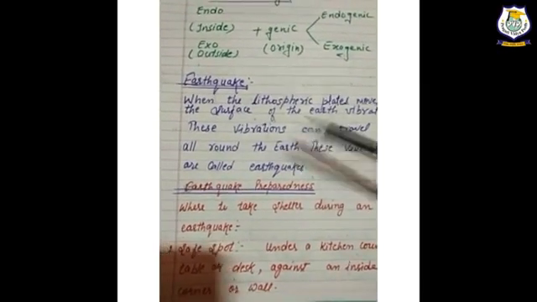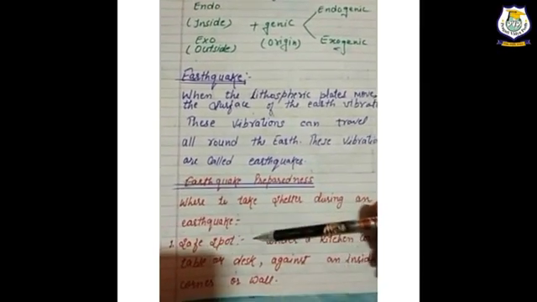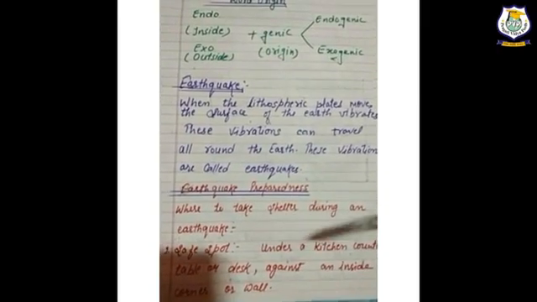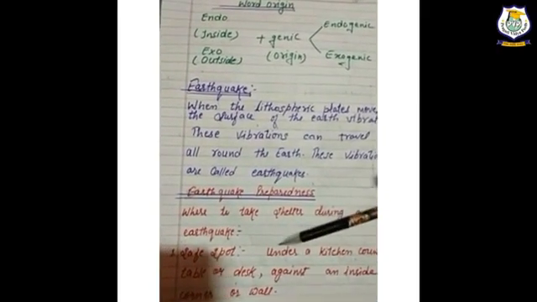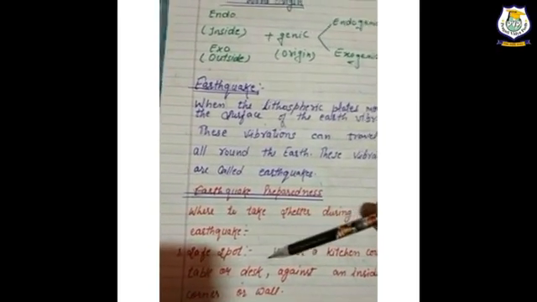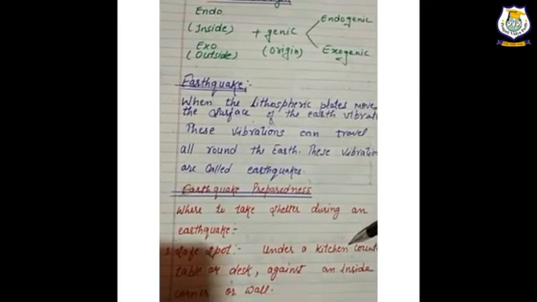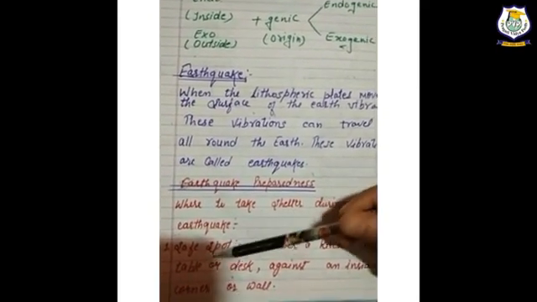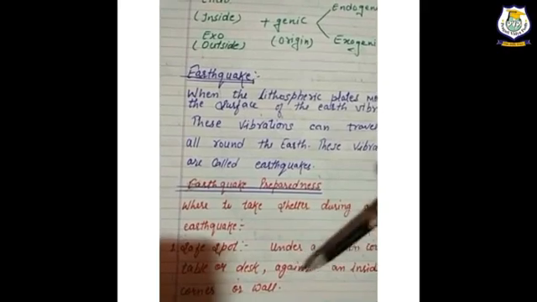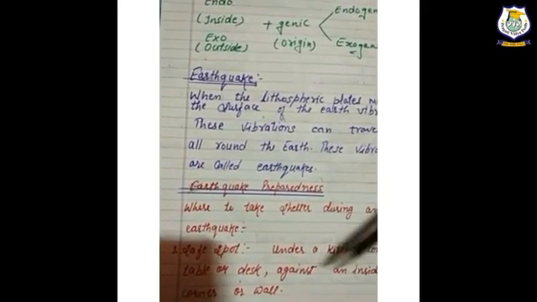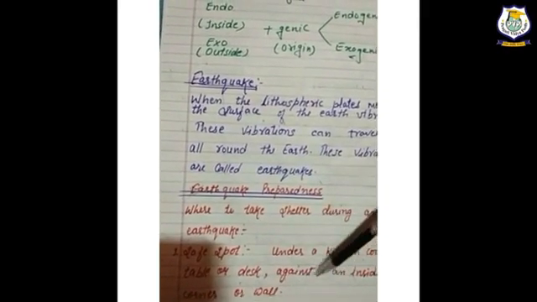The first point is a safe spot. Which type of spots are we talking about here? First of all, the kitchen counters, under a table or desk, against an inside corner or a wall.